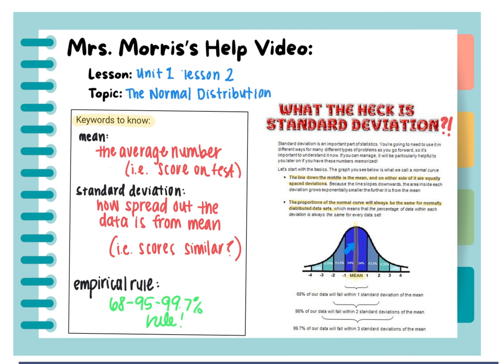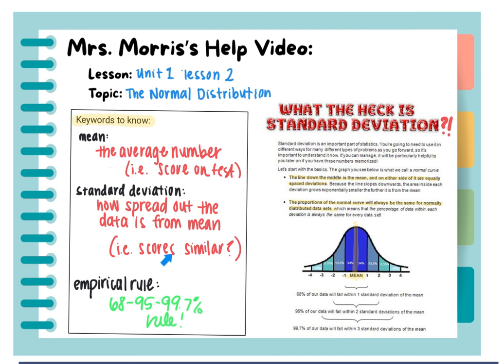So for example, your mean is here, okay? And under this bell curve is all your little data points, okay? Now, thinking of test scores, we can think, hey, if the test scores are similar or close together, the standard deviation is going to be less spread out.